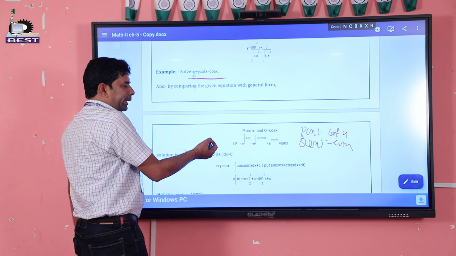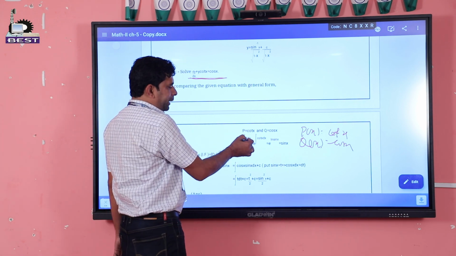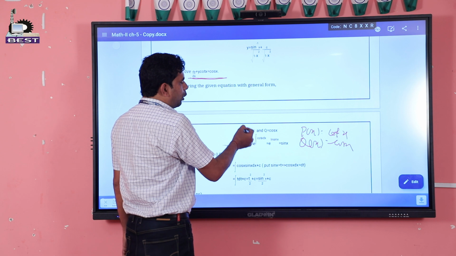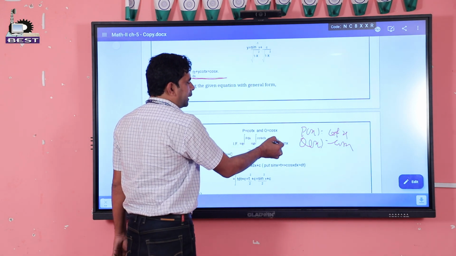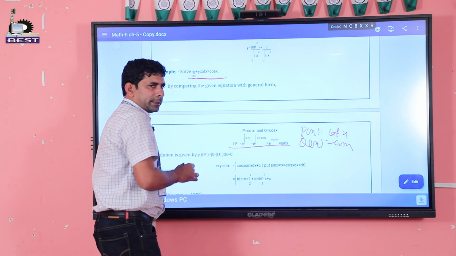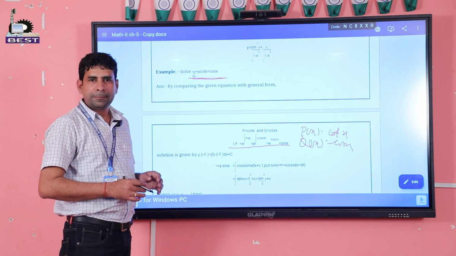First we go for the integrating factor, e to the power integral of p dx, e to the power integral of cot x dx. The integral of cot x is log sin x, so e to the power log sin x equals sin x.